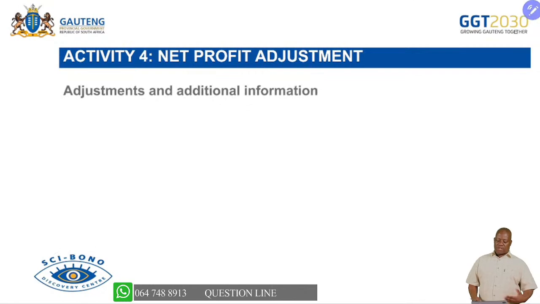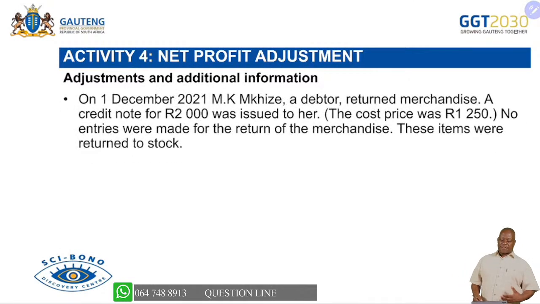The first adjustment says, on 1 December 2021, MN Kize, a debtor, returned merchandise. A credit note for 2,000 was issued to her, and the cost price of the goods was 1,250. No entries were made for the return of merchandise. These items were returned to stock. So there is a problem here.